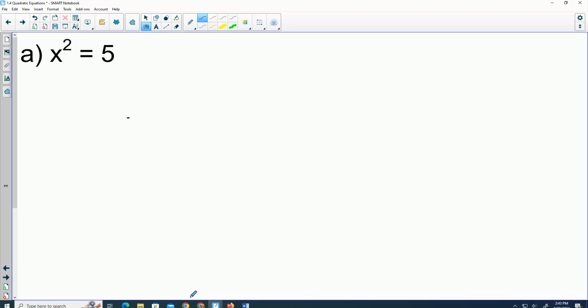That doesn't work for my traditional 2 parentheses because I don't have all 3 terms. But my x is here by itself. Can you solve for x? How do you get rid of the square? If you add a square root, what do you have to add with it? A square root and a square cancel, and I get my 2 solutions, positive and negative radical 5.